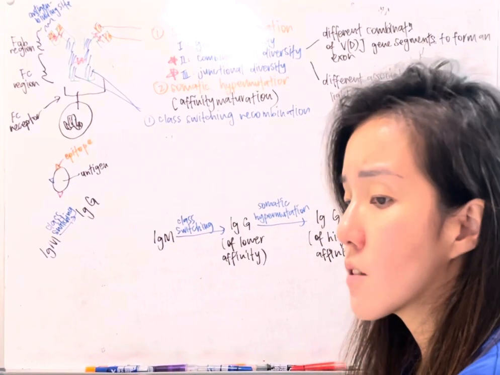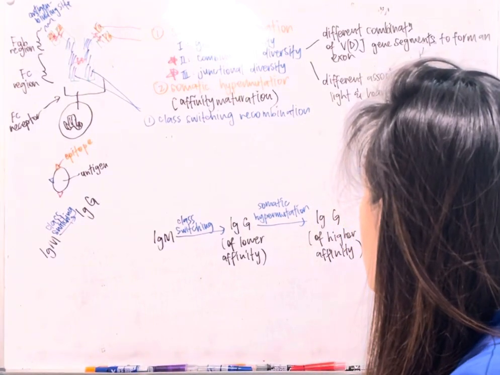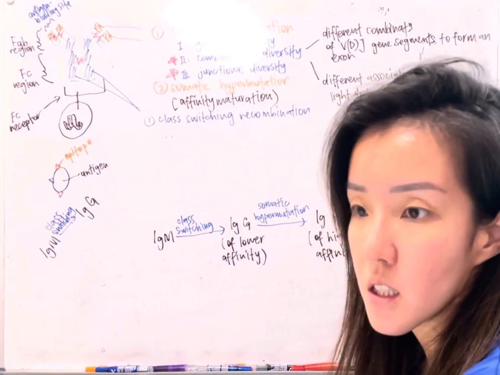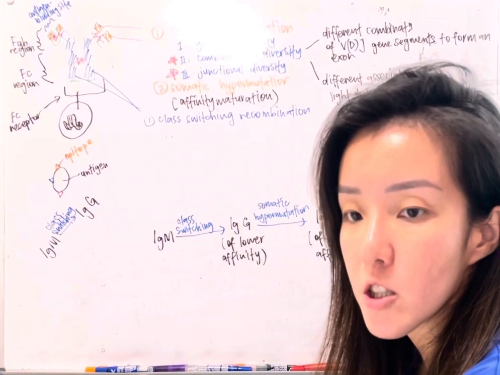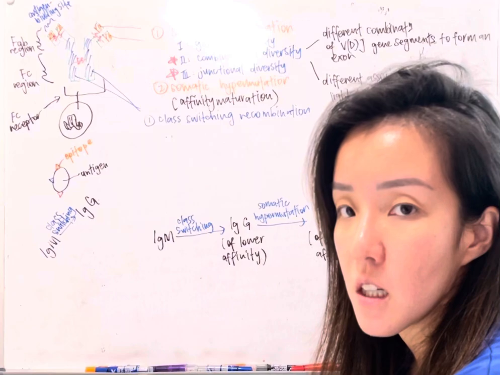I know there's something missing from the answer sheet. Can you also help me write? Junctional diversity is also established. They don't have that in the answer sheet.